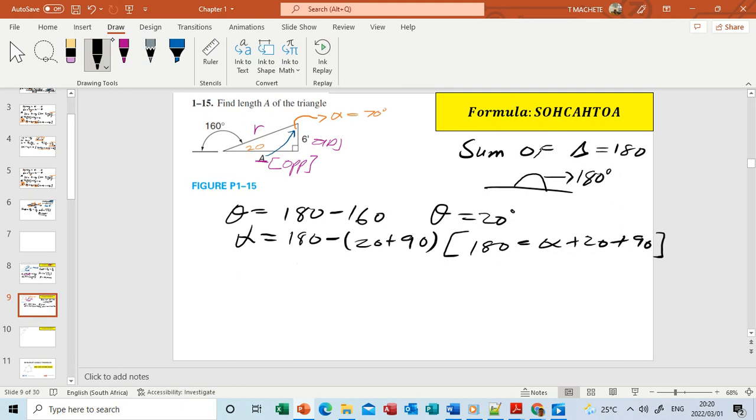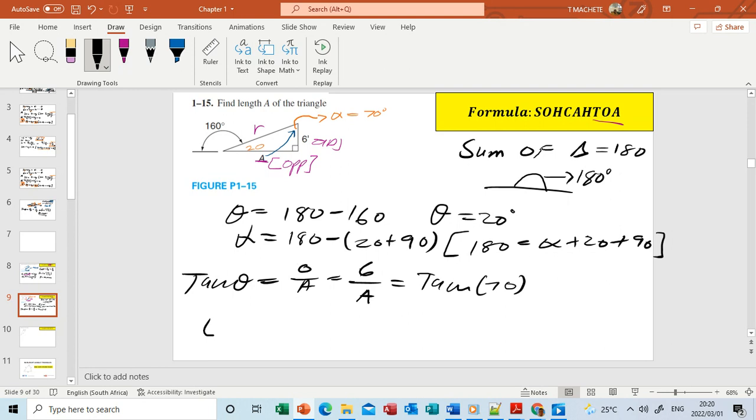Okay, so you're going to say opposite. You're going to look for the formula that has opposite and adjacent. So tan theta equals opposite over adjacent. Your opposite is 6, and this one is A, and your angle is 70.